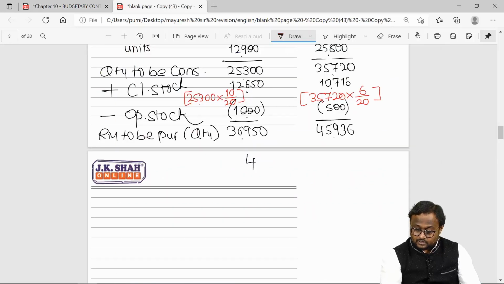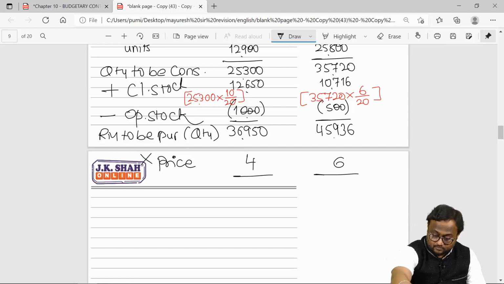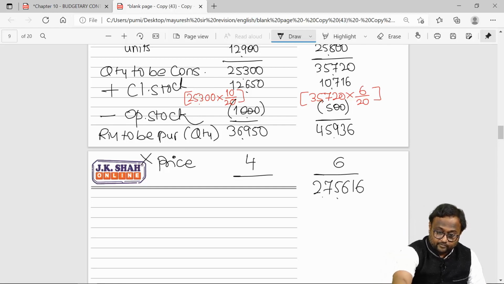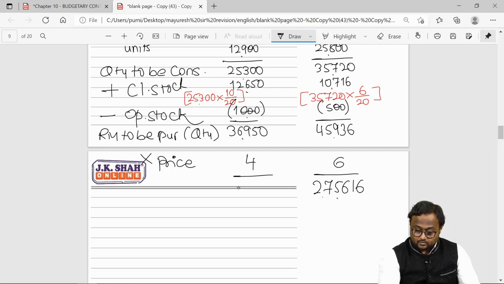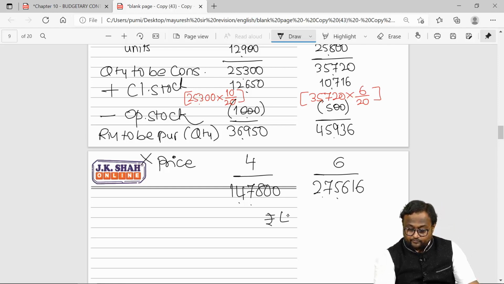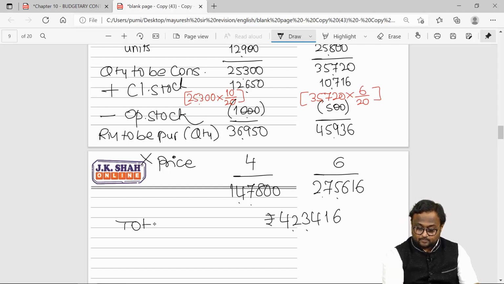The price given is 4 and 6, which will be multiplied here. 75,616, 36,950 into 4, 147,800. 423,416 is going to be my total purchase cost.